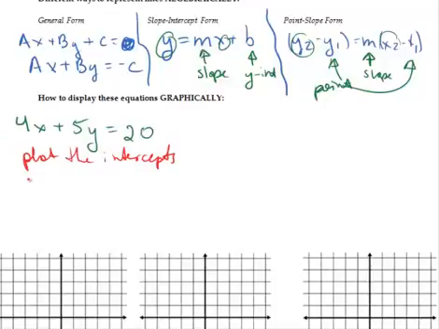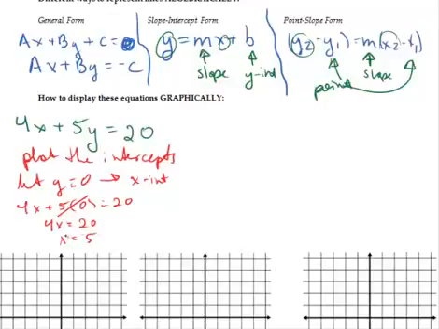So you need to start by finding the x and y intercepts. Let y equal 0. Remember, when y equals 0, you're finding the x-intercept. So 4x plus 5 times 0 equals 20. 5 times 0 is just 0. So 4x equals 20 gives you x equals 5. That's what I mean by the cover-up method. Someone would have covered up the 5y and just solved for x.